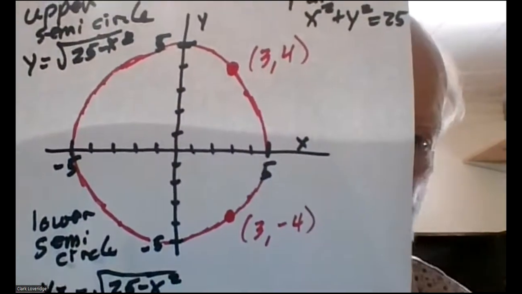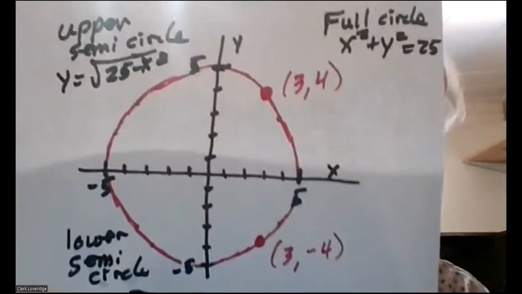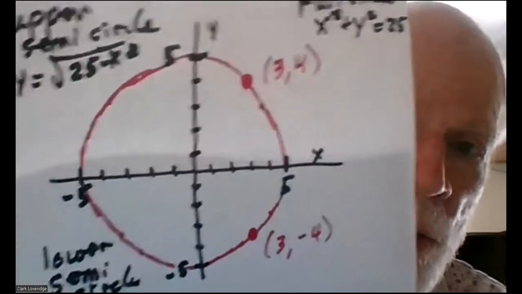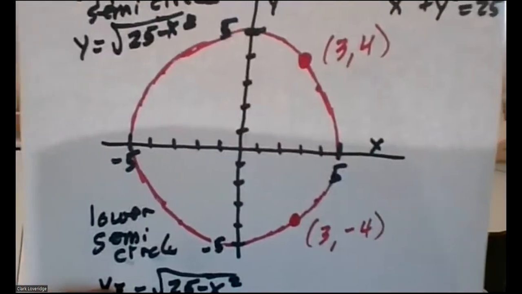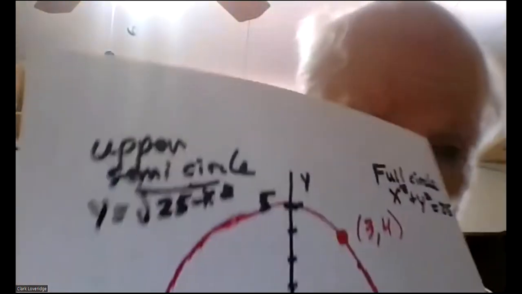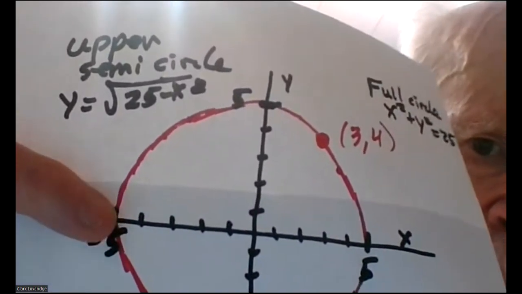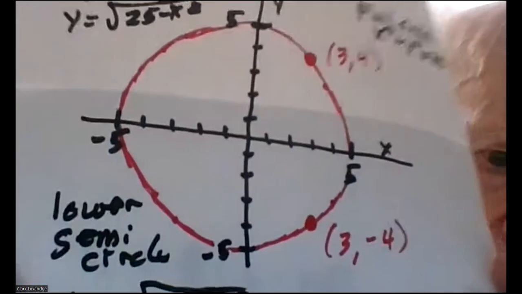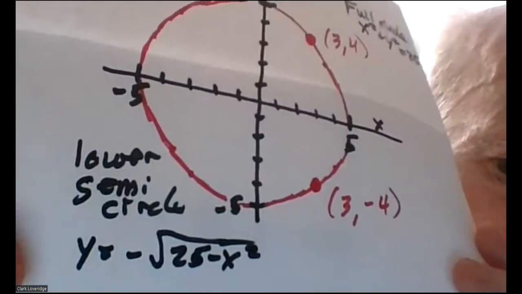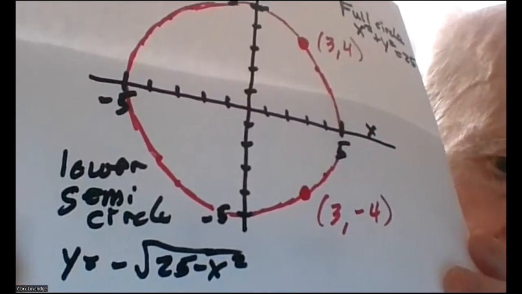We can split the circle into two functions. If you solve this equation for y, you'll get two semicircles, and each of these semicircles is a function. We have the upper semicircle, y equals square root of 25 minus x squared, and the lower semicircle, y equals negative square root of 25 minus x squared.